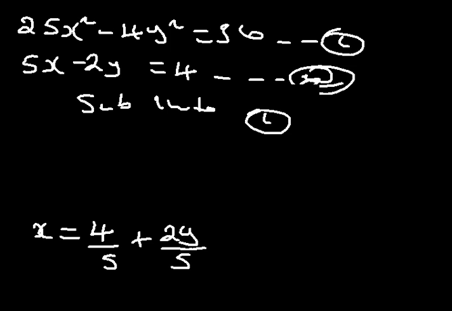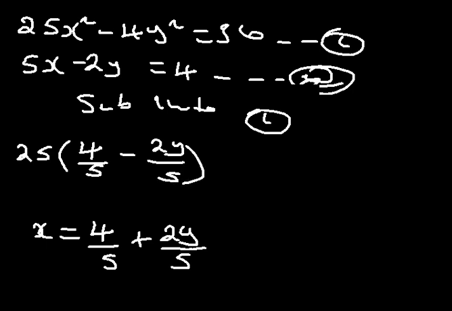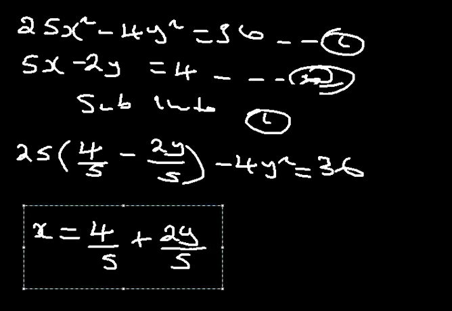Now in this case we'll have 25 times (4 over 5 minus 2y over 5) squared, minus 4y squared equal to 36. This is how the equation will be in this case.